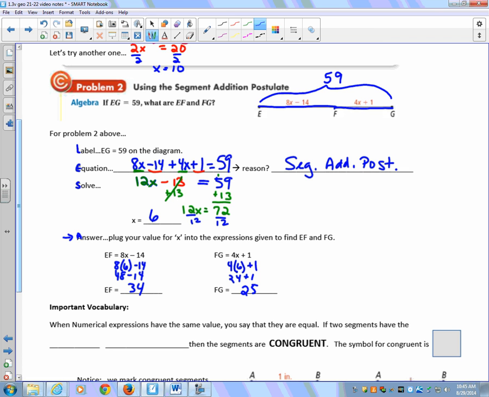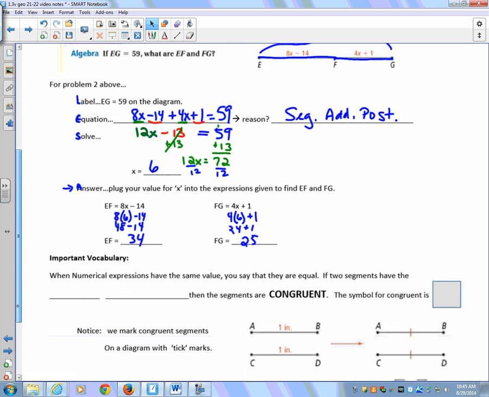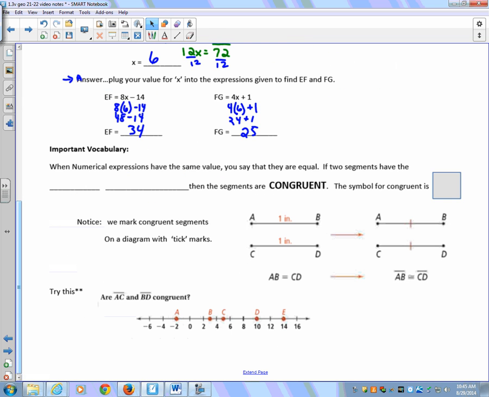Okay, so moving on to some more important vocabulary here. We know that when numerical expressions have the same value, you say that they are equal. In other words, like 2 equals 8 divided by 4, or 8/4 equals 2. We use an equal sign to say these two values are equal to each other, the same value.